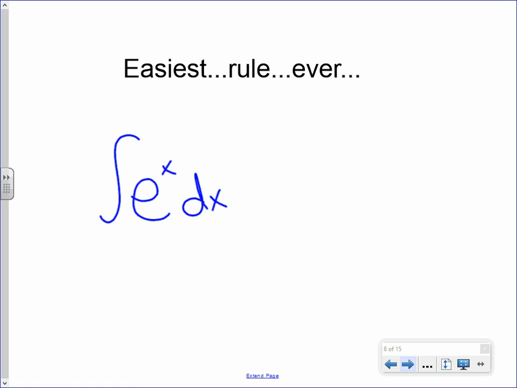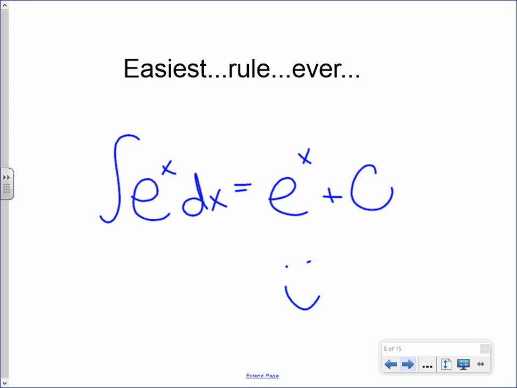What's the derivative of e to the x? Yes. E to the x. What's the antiderivative of e to the x? Plus c. Yes. Okay. Derivative e to the x, antiderivative e to the x.